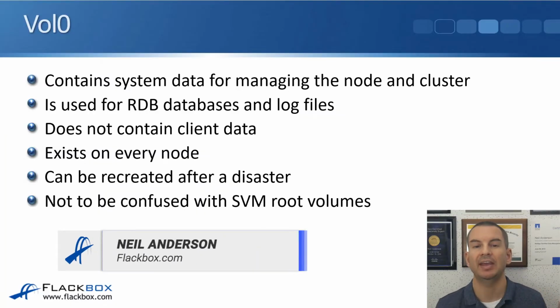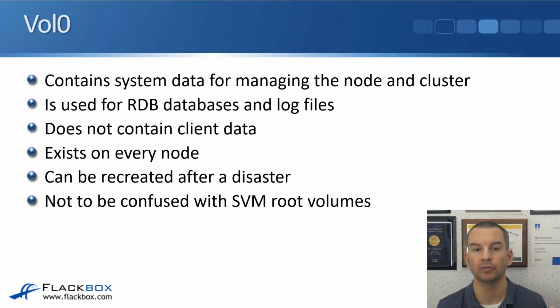Vol 0 contains system data for managing the node and cluster, and it's used for the RDB databases and log files. So RDB stands for the replicated database, and it includes system information. It's called the replicated database because it's replicated between all of the nodes in the cluster.